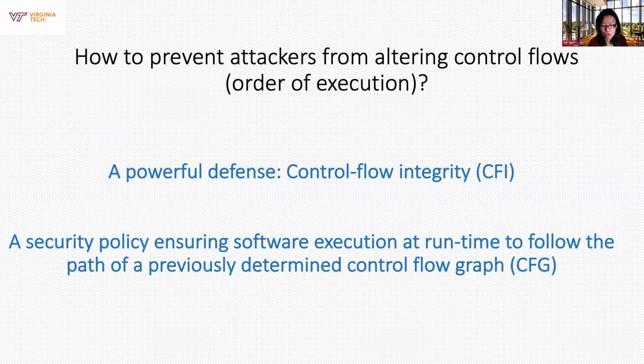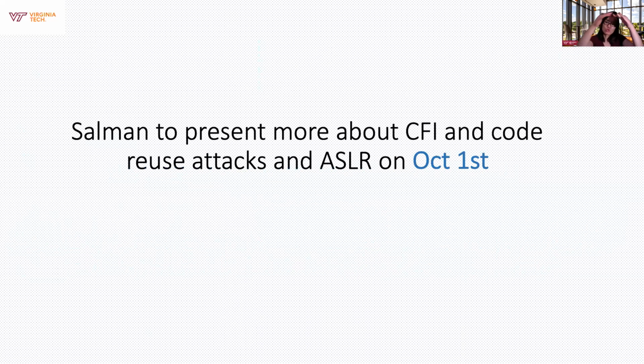Sometimes the runtime information is useful, like which branch an execution may take, which you don't know at static time. You have to run it. So in general, you have a better idea of what this program would do, and that can be used as a policy to enforce the runtime behaviors. And so you set a boundary for the program.